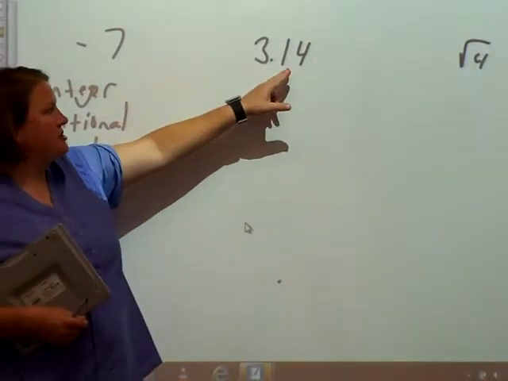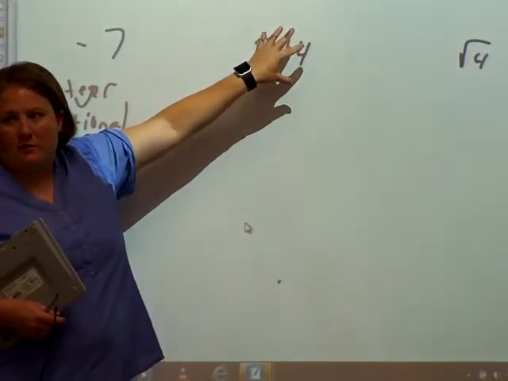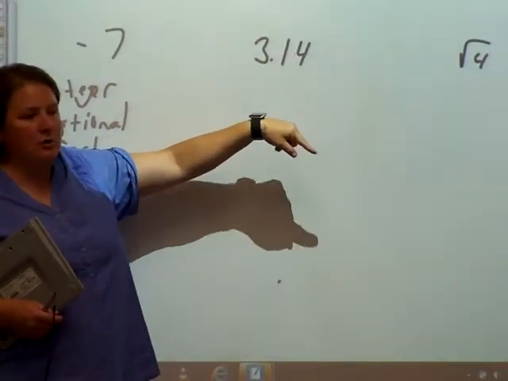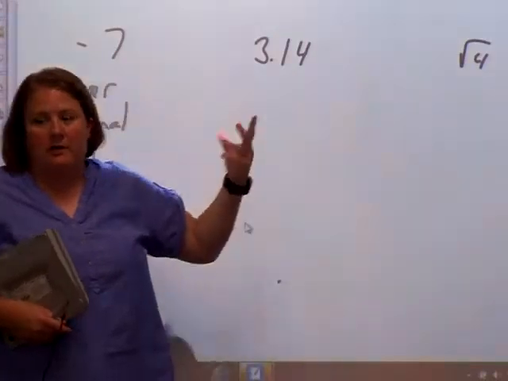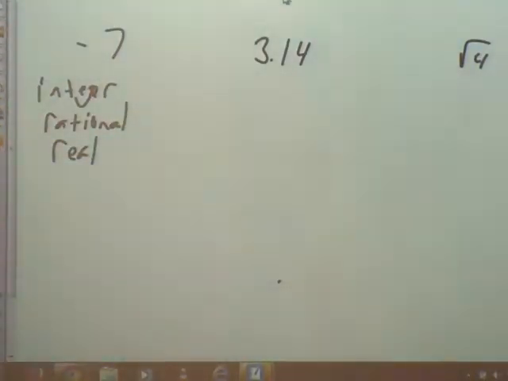You can make 3.14 a fraction because that's hundredths. You can put that over 100. 3 and 14 hundredths, right? If it had been the whole pi, going on forever, it would be irrational, but it's not. So when the decimals terminate, when it's got a stopping spot, no dot, dot, dot after it, it is rational. So that would make it real.